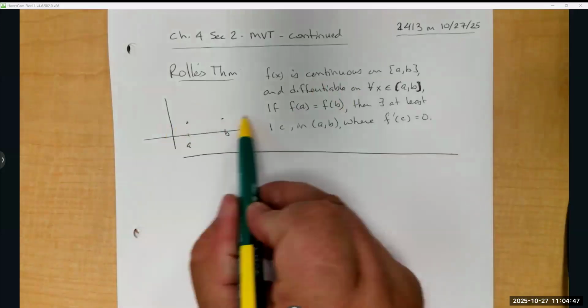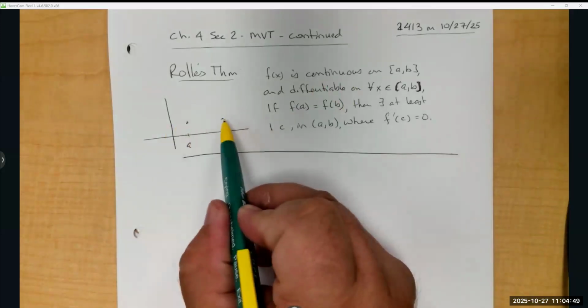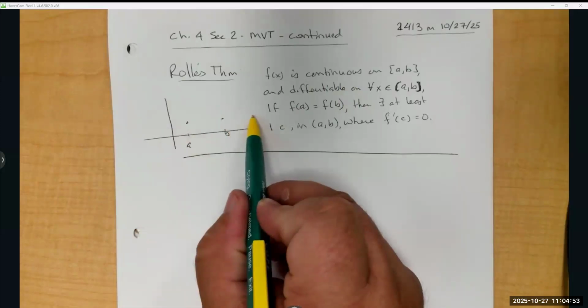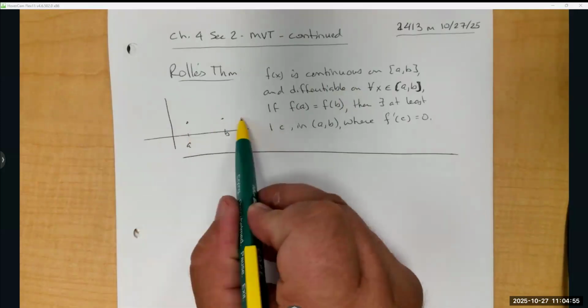Yes, it could be a constant function, in which case the derivative is equal to 0 because it's a flat line.